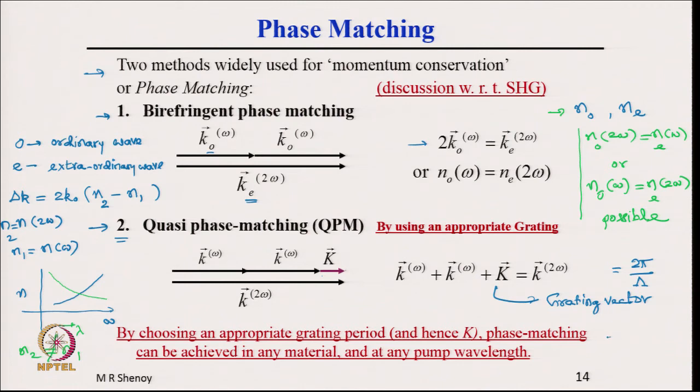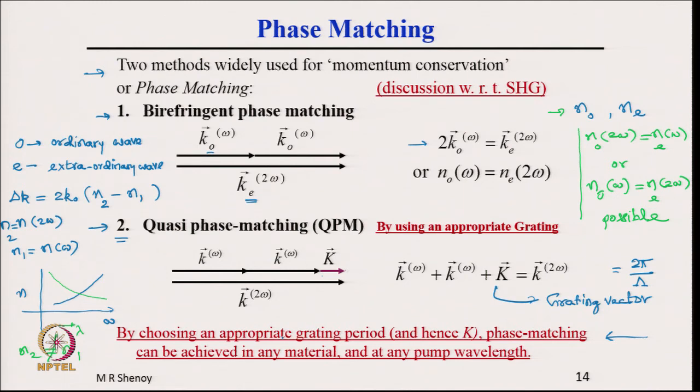And a statement which I will illustrate: by choosing an appropriate grating period and hence K, because K magnitude is 2 pi by lambda, phase matching can be achieved in any material and at any pump wavelength. This is a very profound statement.